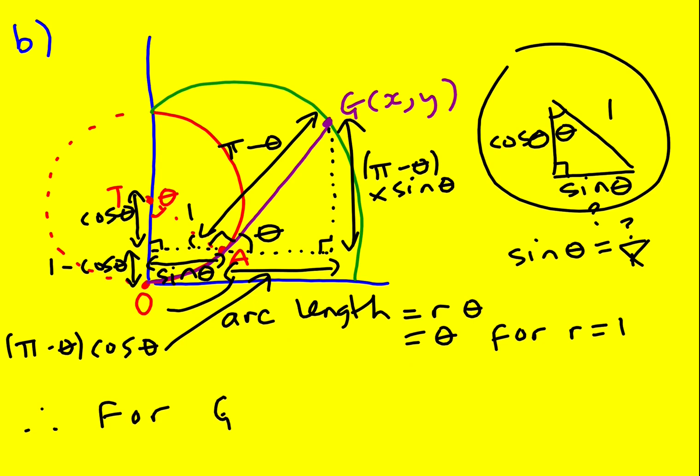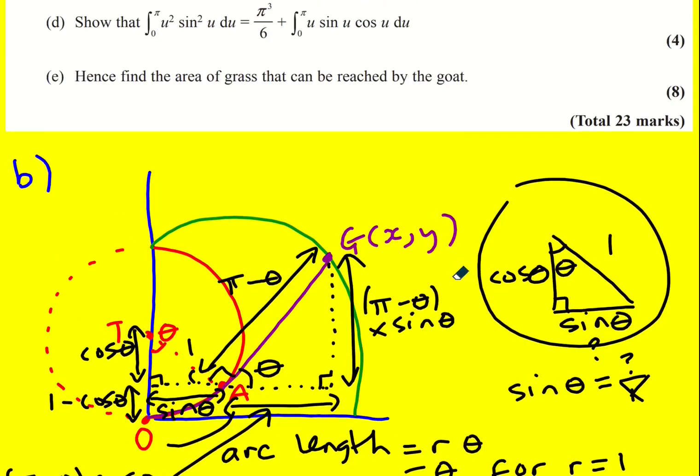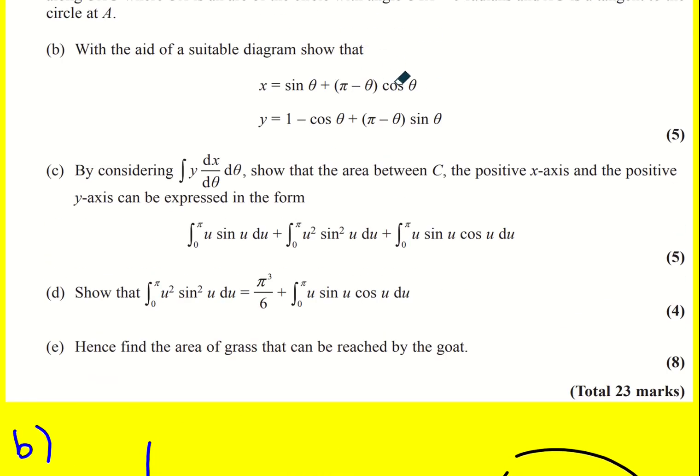And therefore, for g, x, y: x is going to equal sine theta to get from O to A, and then we're going to add pi minus theta cos theta. By the way, that is here.